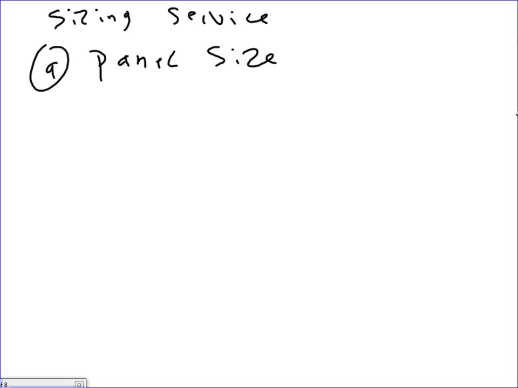For panel size, I'm going to go for all of them, as a matter of fact. First, you need to find the I. I equals kVA divided by 1.73 times the voltage. Don't you ever forget this formula.